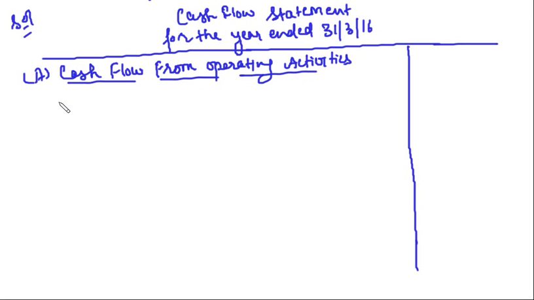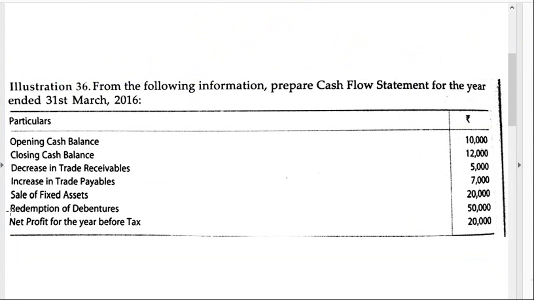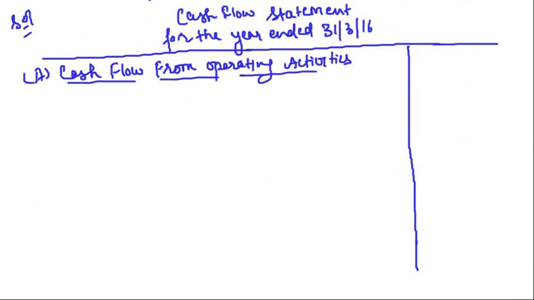Net profit before taxes and extraordinary items. We are given directly the figure of net profit before tax, that is 20,000. So we will take net profit before taxes. This comes to 20,000.